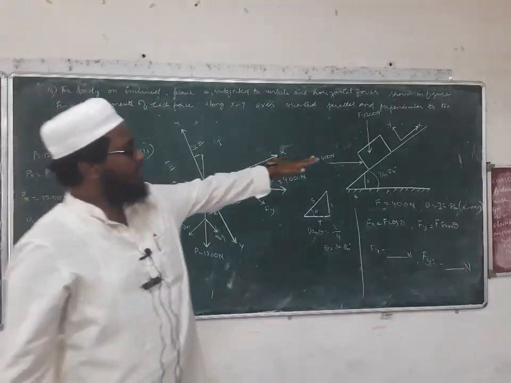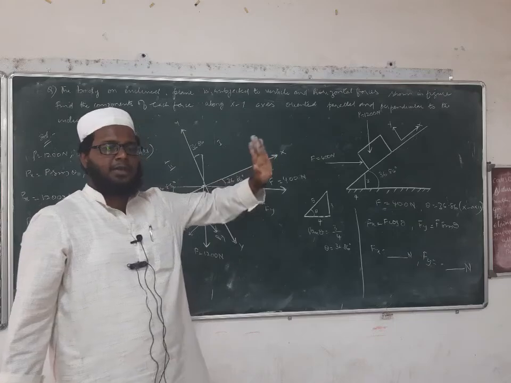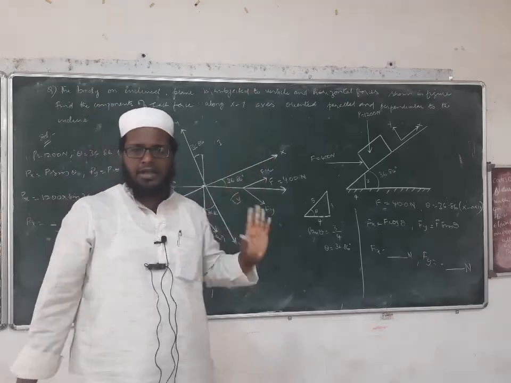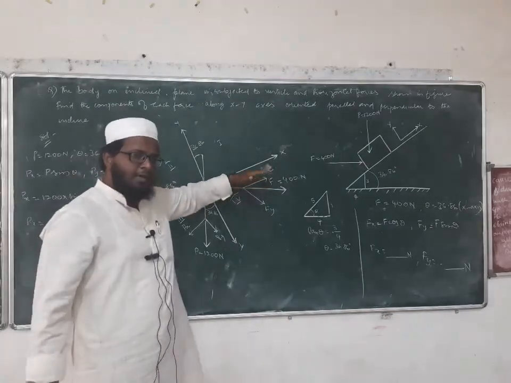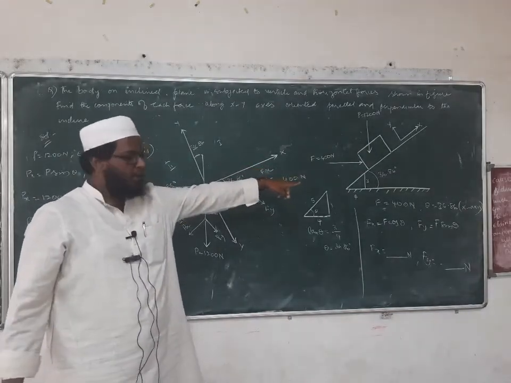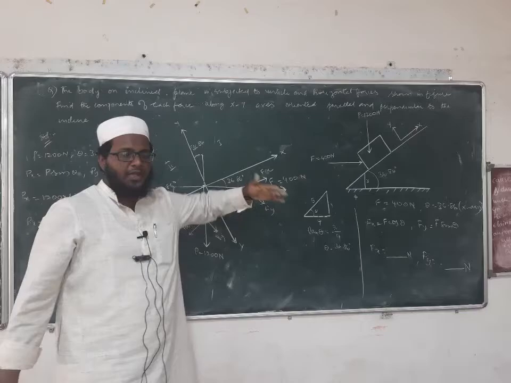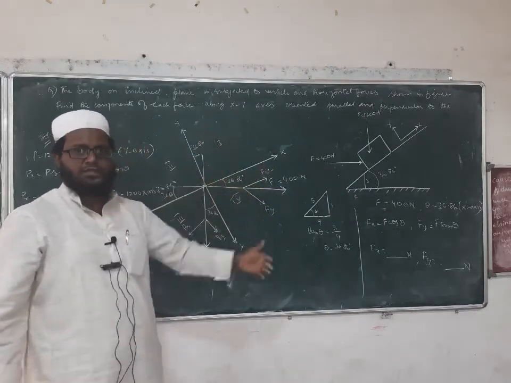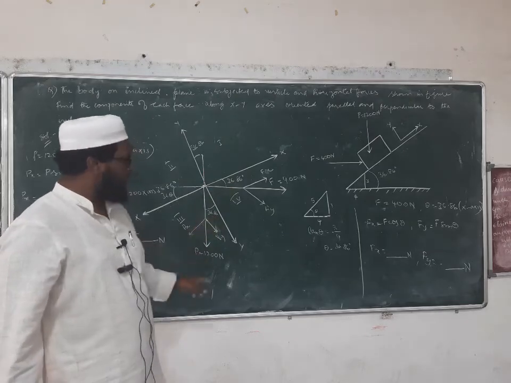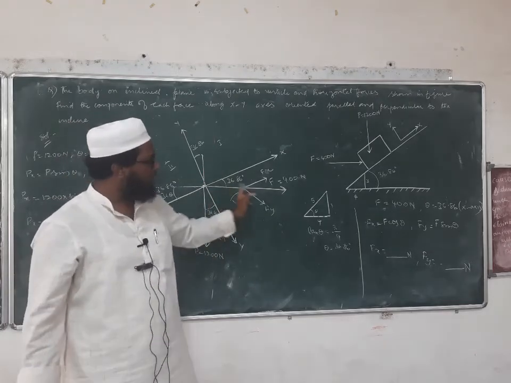See, the block is kept on an inclined surface. So the very first step, I have drawn the normal regular xy axis in a dotted form. Then after that, I have rotated my xy axis according to the inclination given in the problem. After rotating it, I have placed all the forces, which are P, 1200 and 400 newtons.